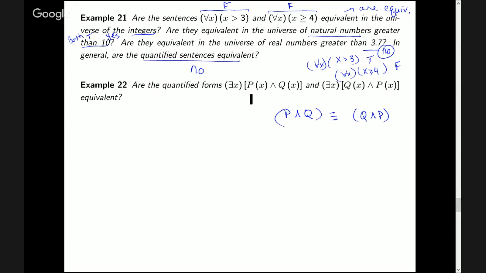So if this is true, then that is true. So yes, these are equivalent, because switching the order of the and statement isn't going to change anything.